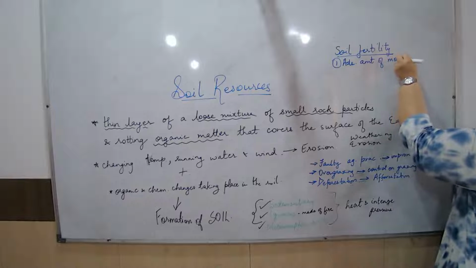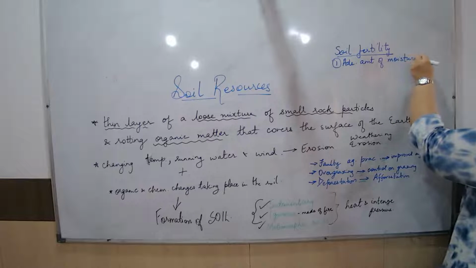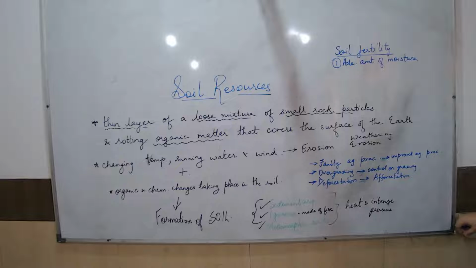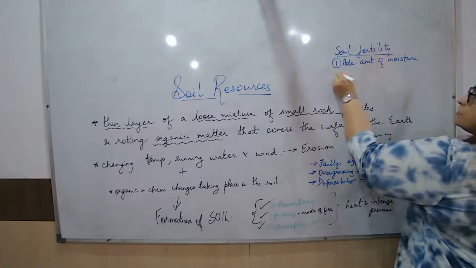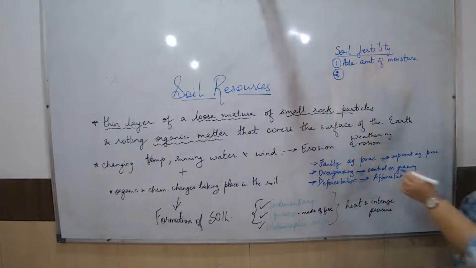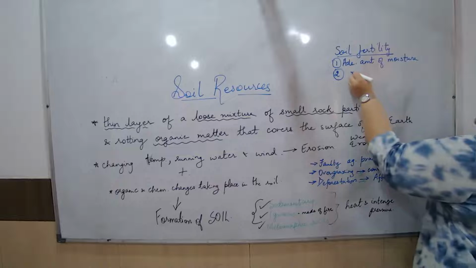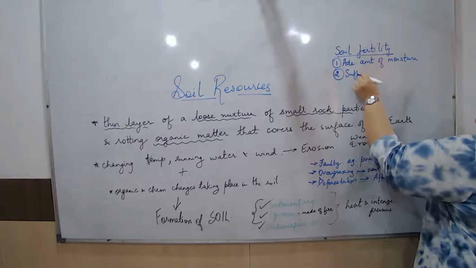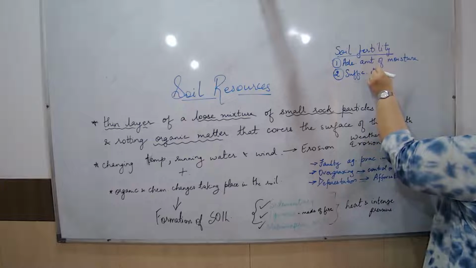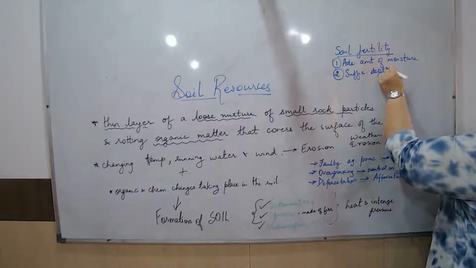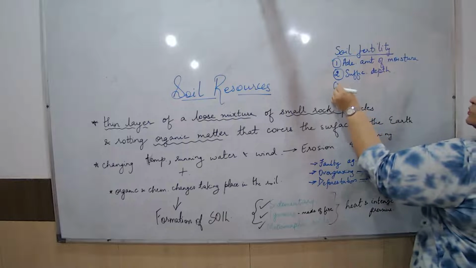Why does it need an adequate amount of moisture? For supplying essential nutrients. Yes, for supplying essential nutrients. Second, what does it need? Sufficient depth, for plants to grow their roots, otherwise they won't be able to survive.